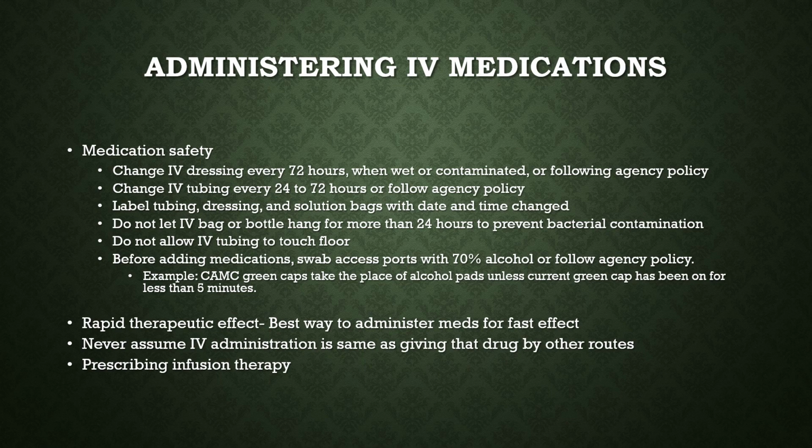If you are going to give someone morphine, an oral dose might be 10 milligrams, 20 milligrams. Well, 20 is a lot for oral, but let's say 10 milligrams might be a dose that you would give. If you're going to give it IV, you're not going to give 10. You're probably going to give 2. A lot of times the dose for morphine IV is going to be 2 milligrams every 2 hours PRN.